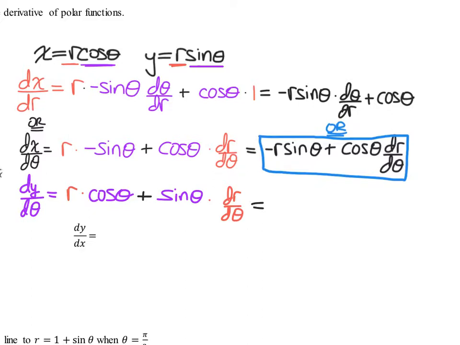So this one looks a little cleaner. R cosine theta plus sine theta dr d theta. All right. Now, this is combining the concepts of polar equations and parametric equations. So dy dx is the dy d theta divided by dx d theta.